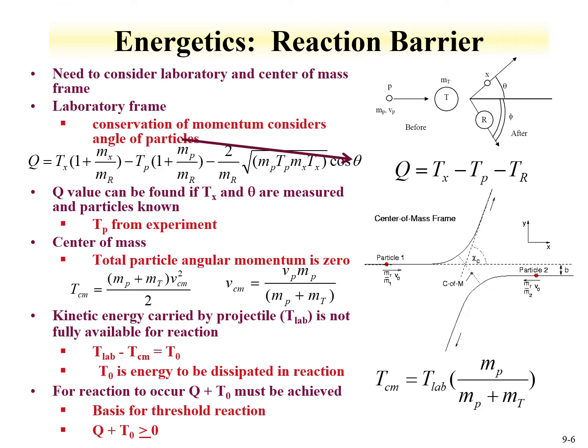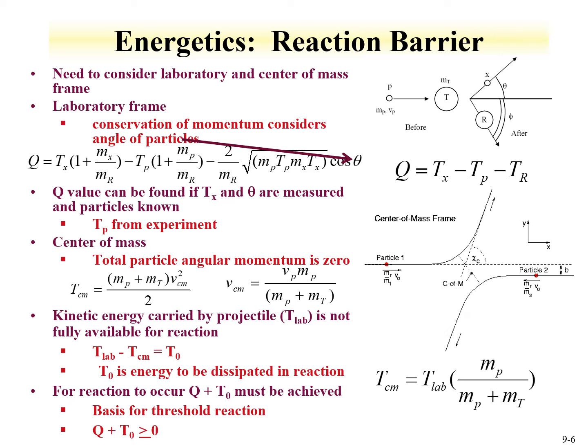And this allows us to evaluate the reaction if we know product information such as the angle in which one of the products comes out of the reaction and its energy. We can find the Q value if that angle and the kinetic energy of X are measured and the particles are known.